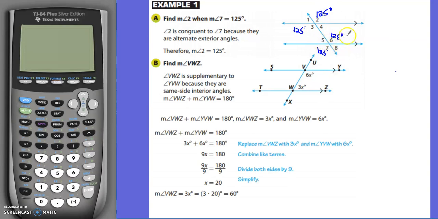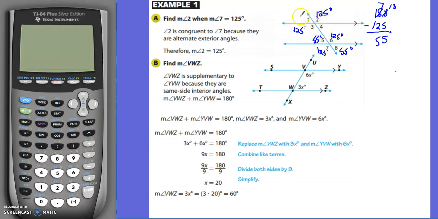Now, if we want to figure out the measure of the other angles, we can say 180 minus 125 will get me 55. So this is 55. Based upon vertical angles, this is 55.